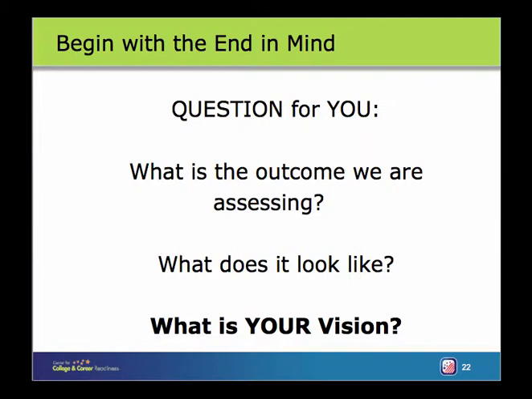And then what is your vision? What do you want to see students do at the end? You have to have that vision in mind when you are creating your material, whether it's an assessment or an instructional video or how you're going to frame your feedback. You always have to have that in mind. So here's a couple of examples that look at different depths of knowledge.